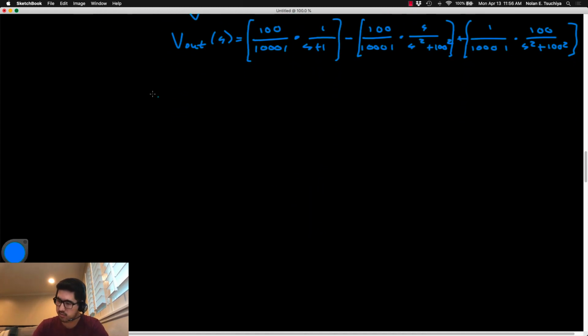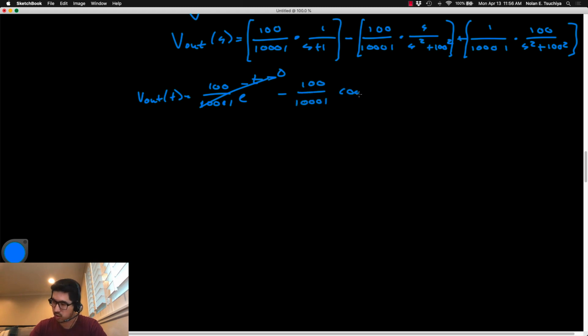So the inverse Laplace of this becomes V out of t: 100 over 10,001 e to the minus t. Again, this is just transient behavior, so that's all going to decay to 0. Then you've got minus 100 over 10,001 cosine of 100t plus 1 over 10,001 sine of 100t.